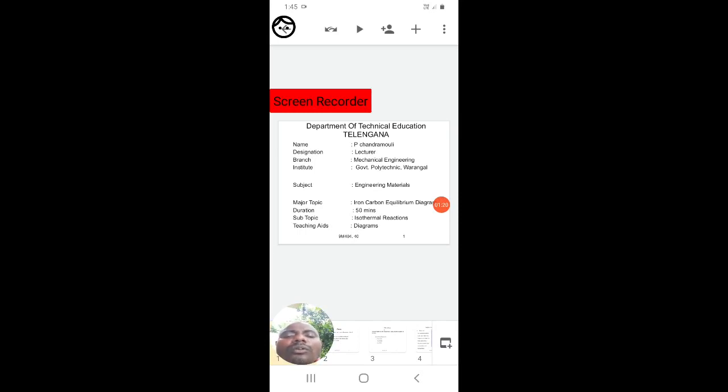By cooling, we will analyze the iron carbon equilibrium diagram. With the help of the equilibrium diagram, we study which phases occur in the presence of carbon and temperature, with what type of structure.